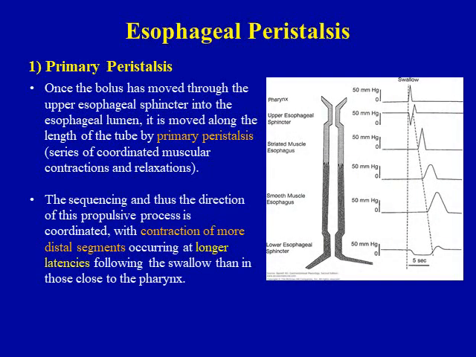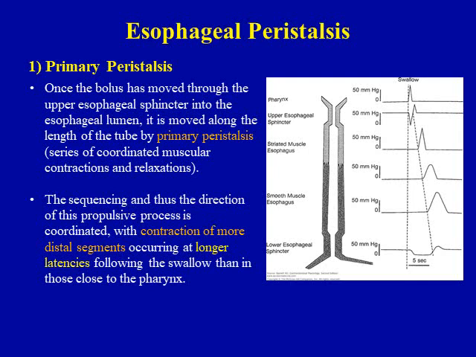The sequencing, and thus the direction of this propulsive process, is coordinated, with contraction of more distal segments occurring later following the swallow than in those close to the pharynx.